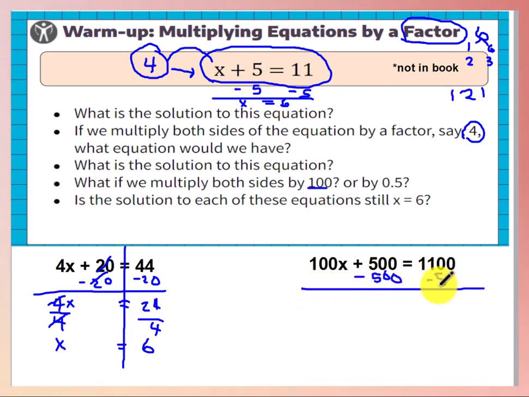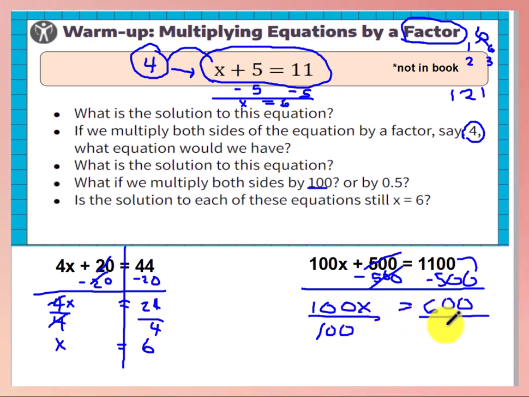All right, 500 minus 500 is 0, so that crosses out. Bring down the 100x, bring down your equal sign. 1100 minus 500 is 600, and then divide both sides by 100. Again, write this down in your workbook on page 121 and show your steps. x is equal to 6.